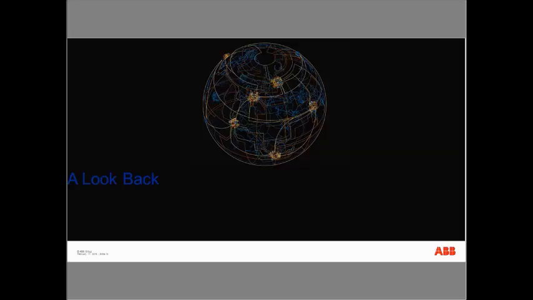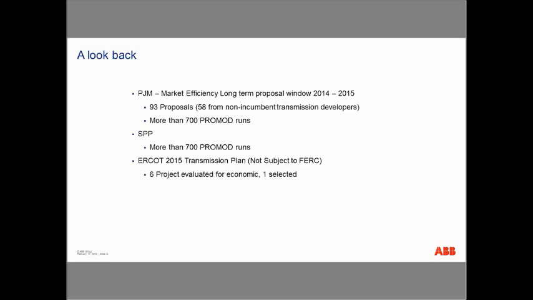All right, let's take a look back at some things that have happened over the last couple of years related to economic transmission across the U.S. PJM had a market efficiency window for long-term proposals for the 2014 through 2015 planning period.